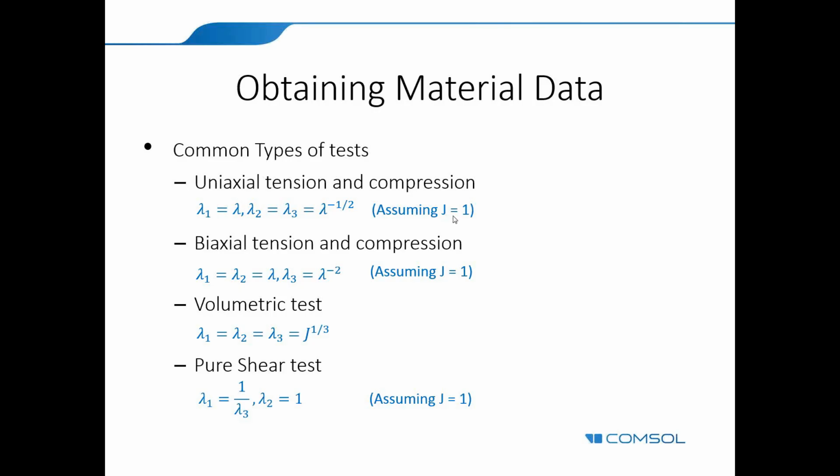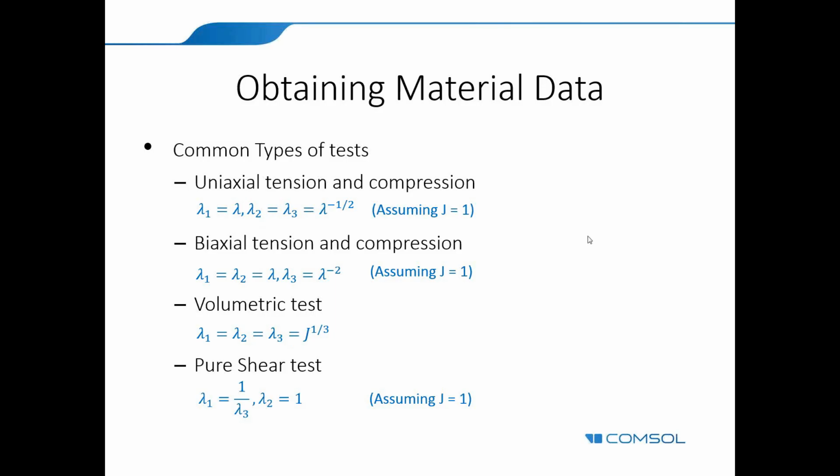J is actually the product of the principal stretches, so it's lambda 1 times lambda 2 times lambda 3. So if J is equal to 1 and lambda 1 is equal to lambda, then you can easily get the values of lambda 2 and lambda 3. Likewise, you can derive these principal stretch values for various different test scenarios.